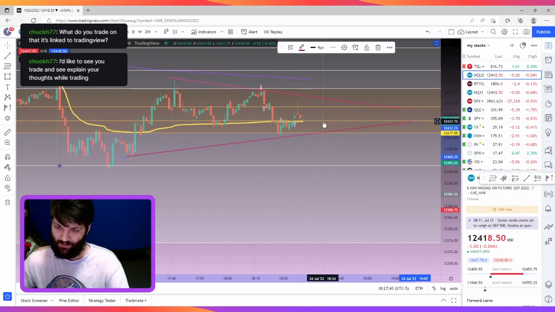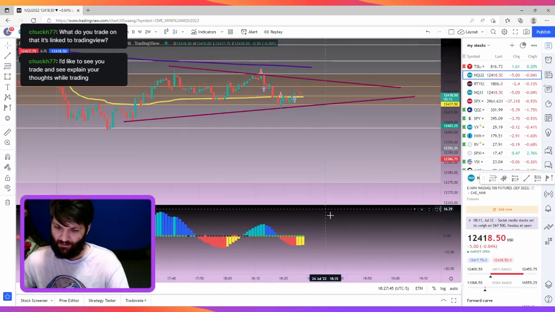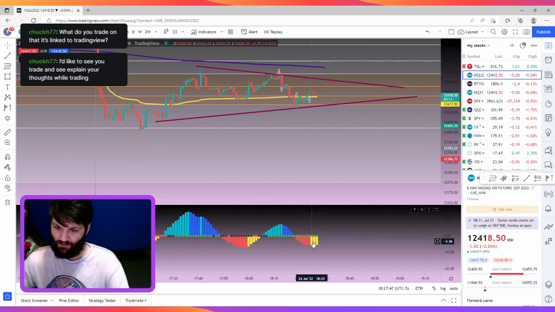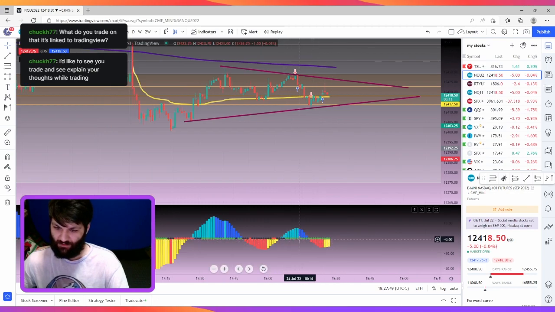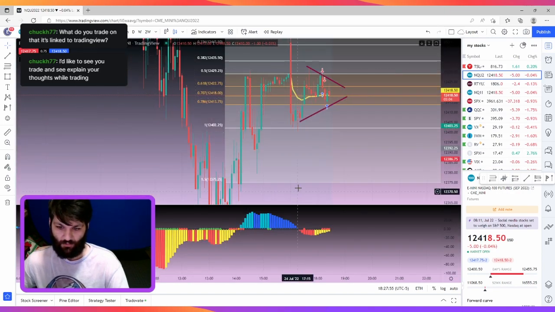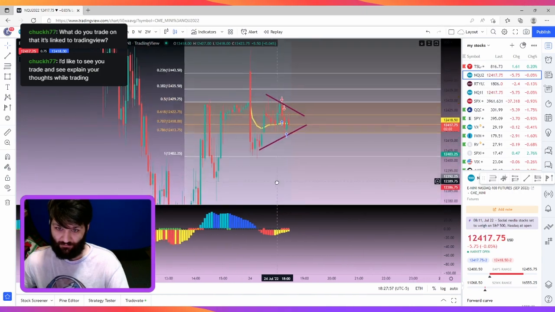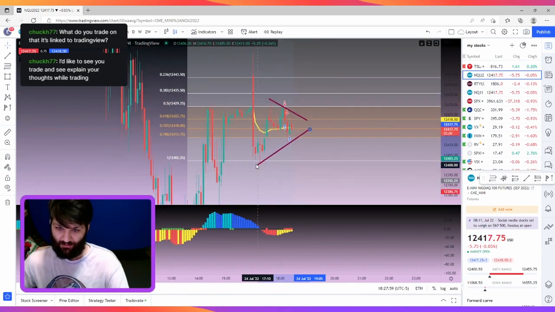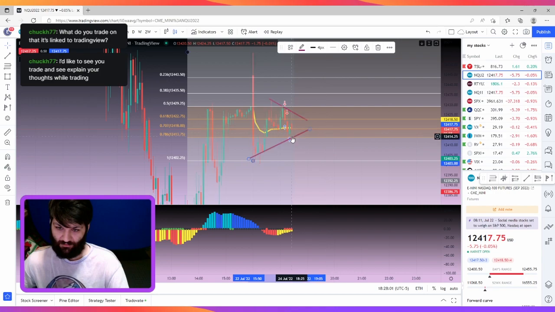If we start doing this, then we're going to pop down. Another thing is using this TTM squeeze indicator. As you can see, it's not triggering at all right now. So on the 5 minute though, if you look at this, it shows that we should probably drop very soon.